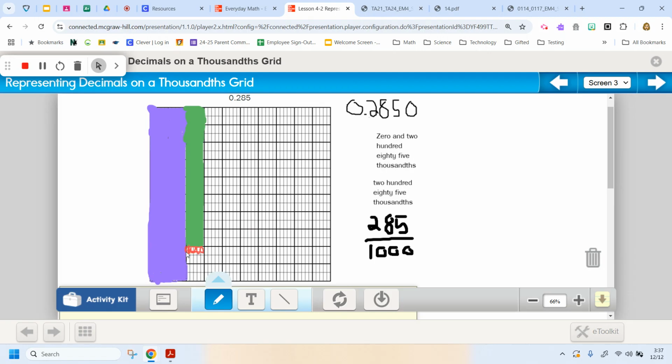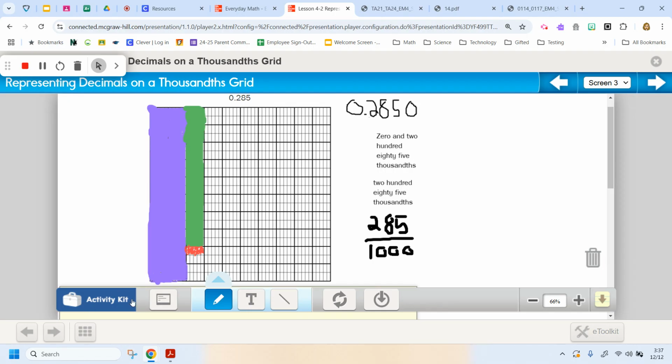And this is where it gets a little tricky. Even if you're doing it with pencil, colored pencil, it gets a little bit tricky to make sure that you're shading it all in. So we shaded in 285 thousandths. So that means there are 285 of these little tiny pieces shaded in. Pretty easy?